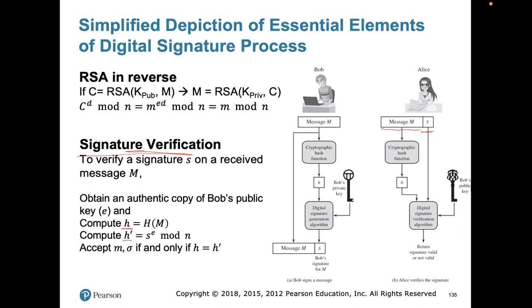Now it is going to be checked using S to the power of E mod N. S to the power of E mod N means that we are decrypting the ciphertext S using the public key of Bob that we called E. This is the decryption process. And if H and H prime are equal, it means that yes, that message is really signed by Bob and everything is clean.